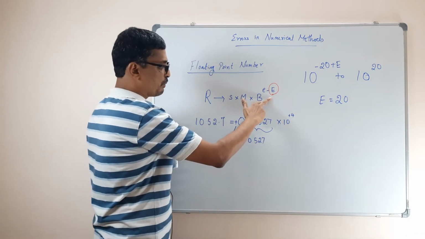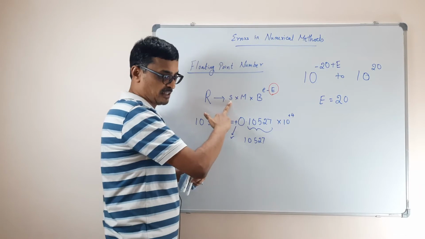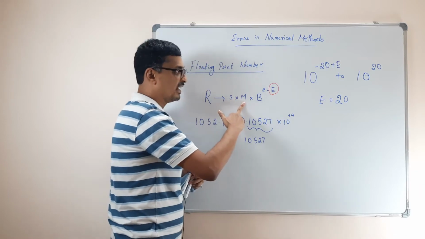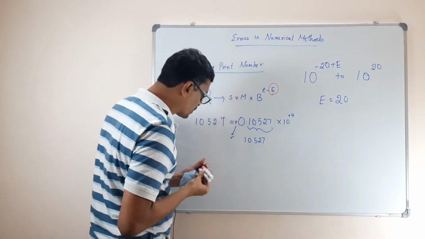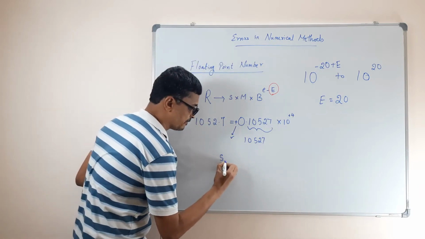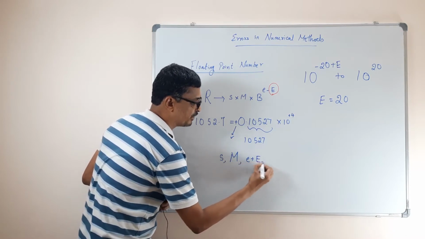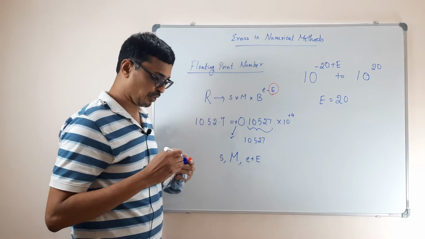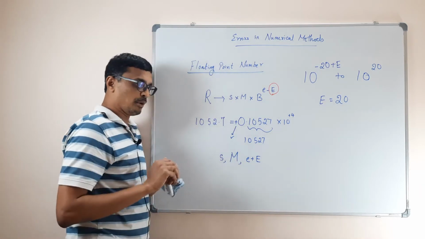Then I can always store only one sign bit, the mantissa and the exponent. Correct? So the computer stores only these three quantities: S, mantissa, and the exponent added with the bias. These are the three things a computer is storing.